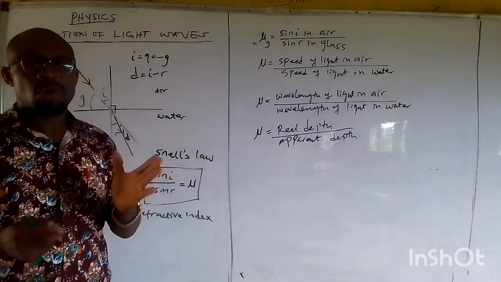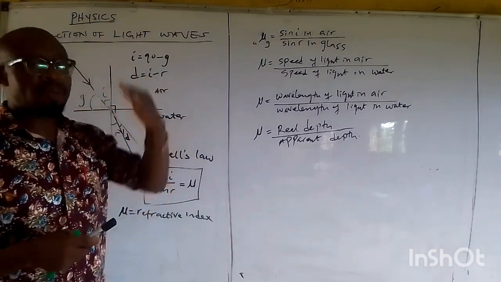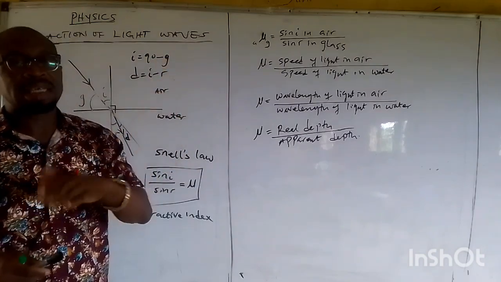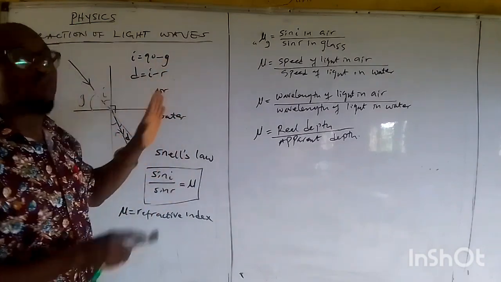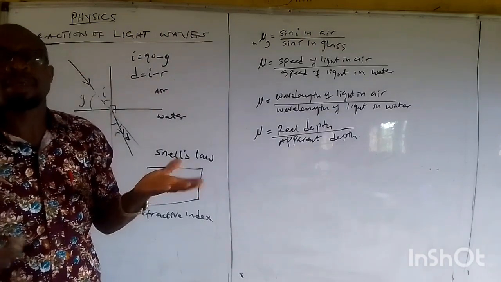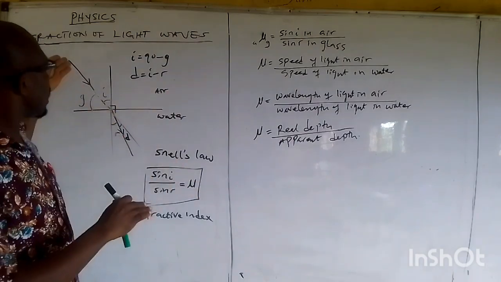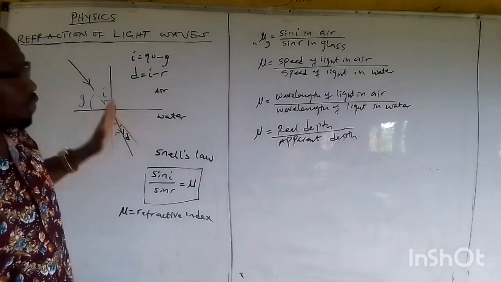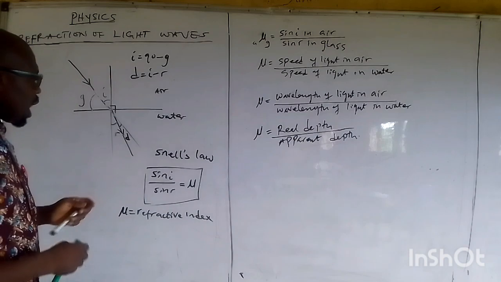For example, if light crosses from air through water or air through glass, it can move from air to any transparent medium. It can be from air to oil. So the moment that light gets to the boundary, it bends away from the original direction.